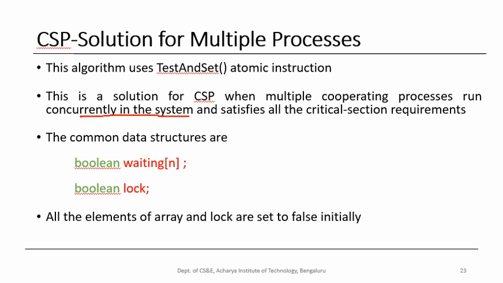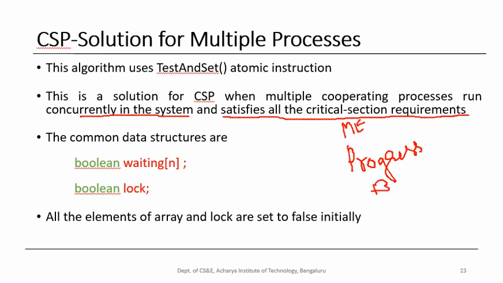Okay, and as I told you, it satisfies all the critical section requirements. I'm again telling you they are mutual exclusion, progress, and bounded waiting. I hope you remember all this. With that assumption, I'm going to continue.